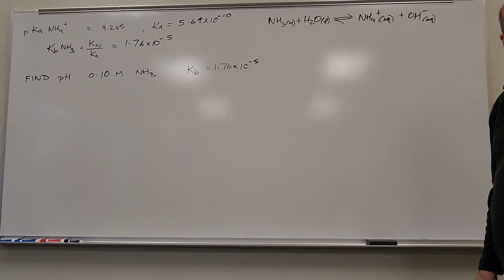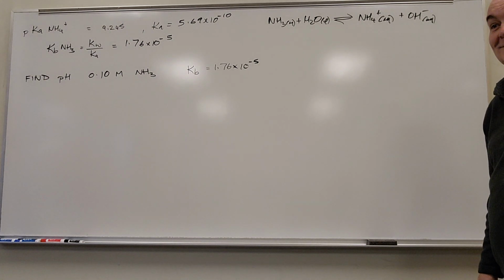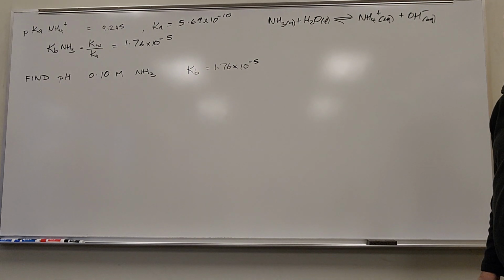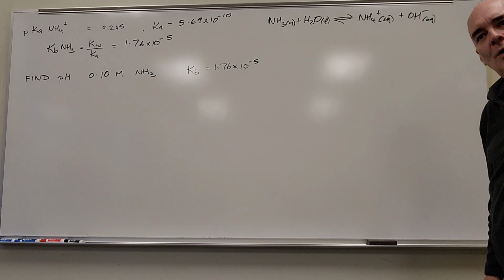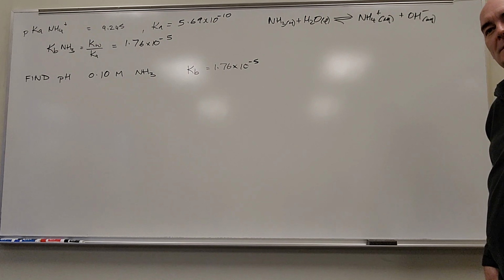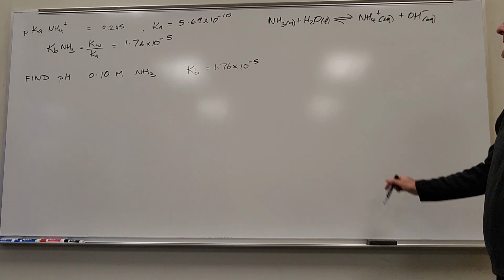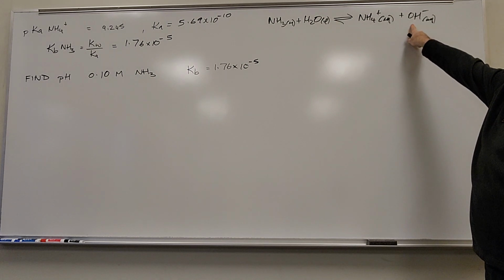So at the point where we're doing what we've been doing for the past couple of months, we're just finding the equilibrium concentration. There's no H plus to find out. No, you'll be finding the equilibrium concentration of hydroxide.